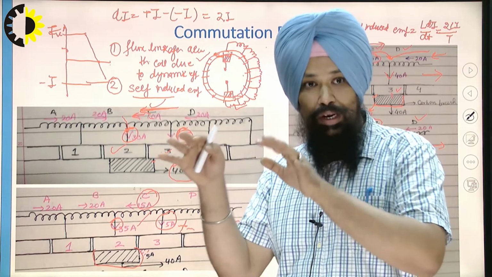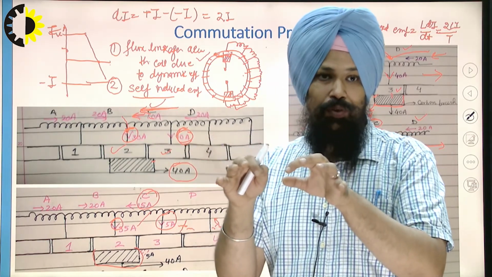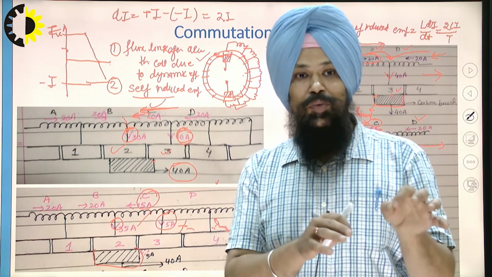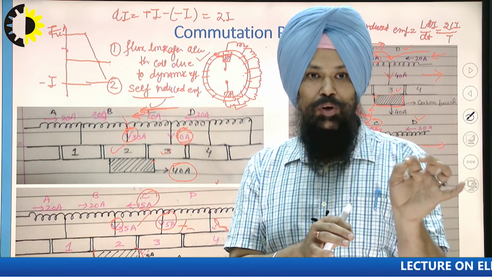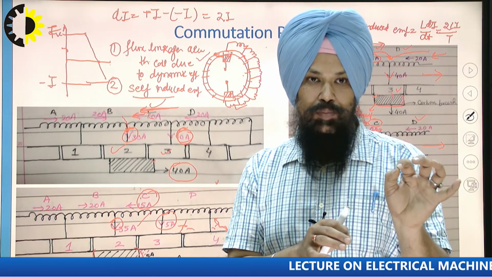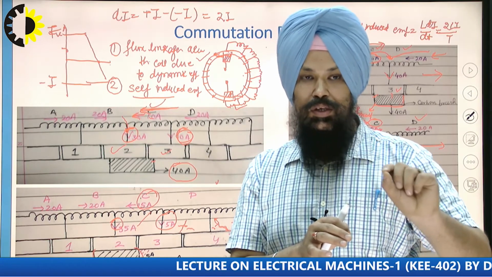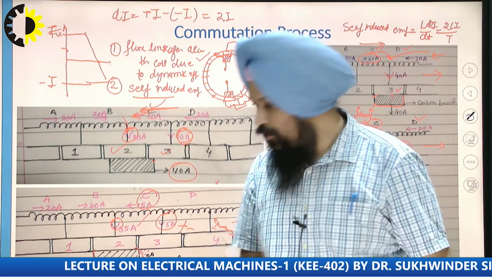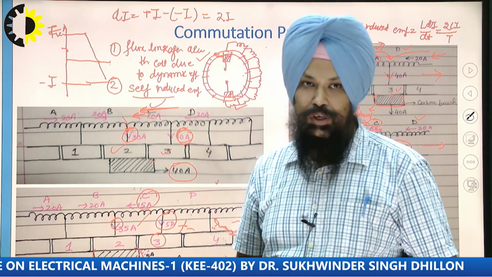Due to that highly induced self-induced EMF, because the rate of change of current is very high, there will be an air gap, and due to this high magnitude of induced EMF, the air gets ionized, and due to the ionized air that will create the spark, and through that spark 5 ampere is coming from this particular third commutator segment.